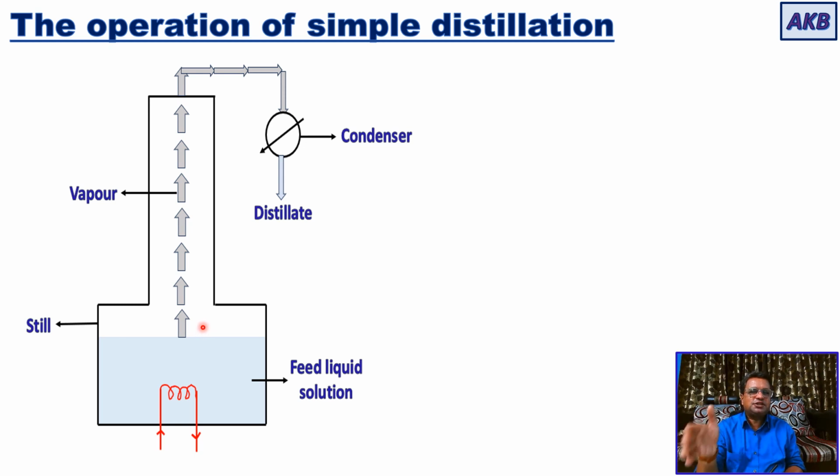In each flash distillation step, an infinitesimal amount of liquid solution is flash distilled. So the net result is the entire feed solution gets differentially distilled. That's why it is also called differential distillation.